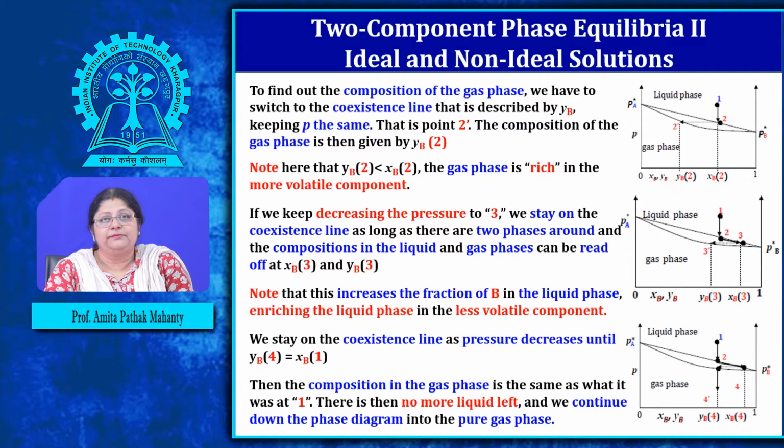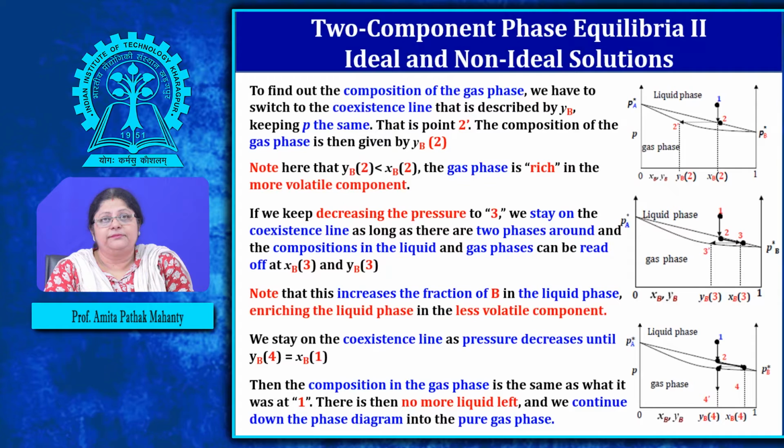And when I reach point 3, again I draw a perpendicular at the same pressure to read the mole fraction of B in the liquid state and the mole fraction of component B in the vapor state. So as I come down along the coexistence line, I am lowering the pressure. If I am lowering the pressure, I should be getting more and more of the vapor phase. Right? Yes, ma'am. So you see that my vapor phase has also increased.